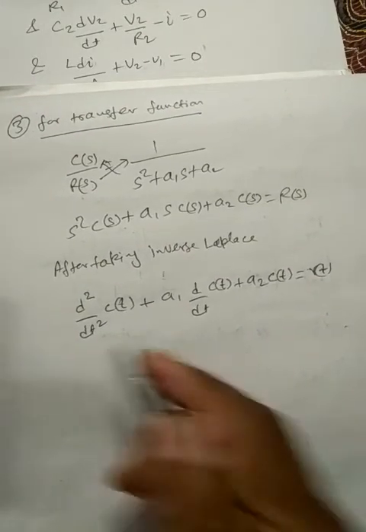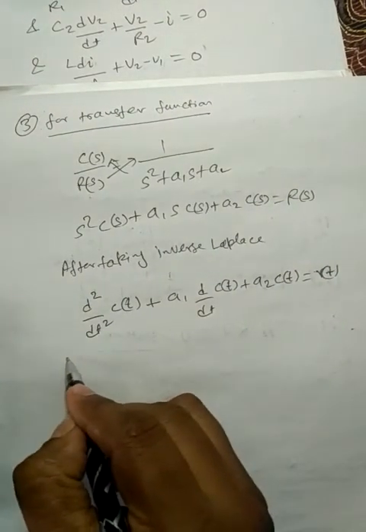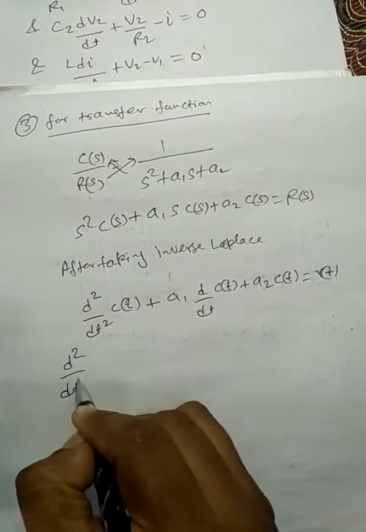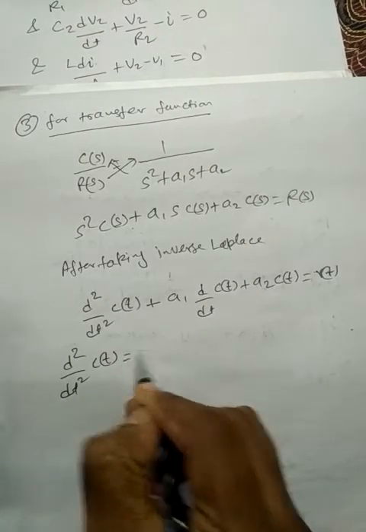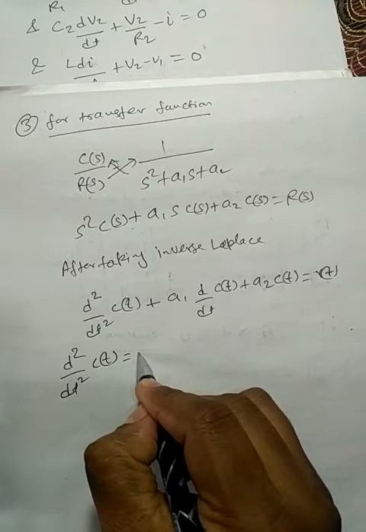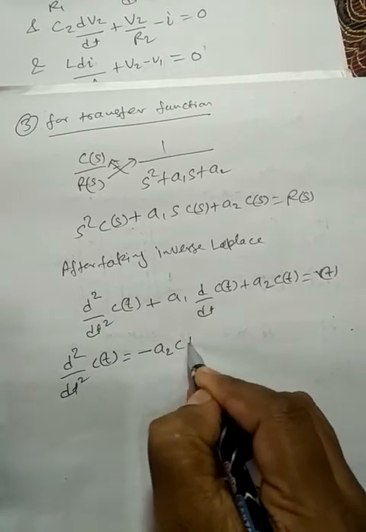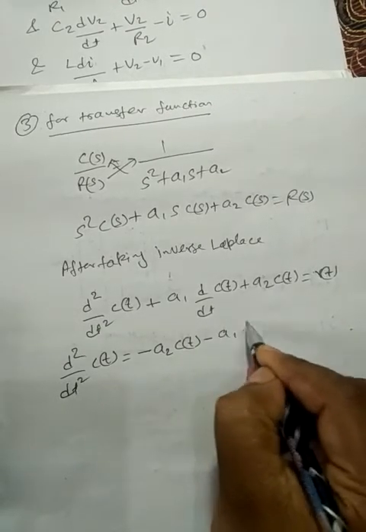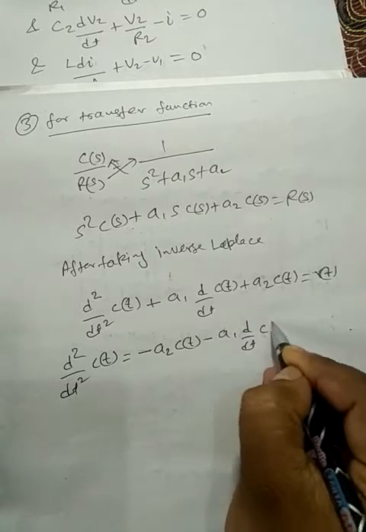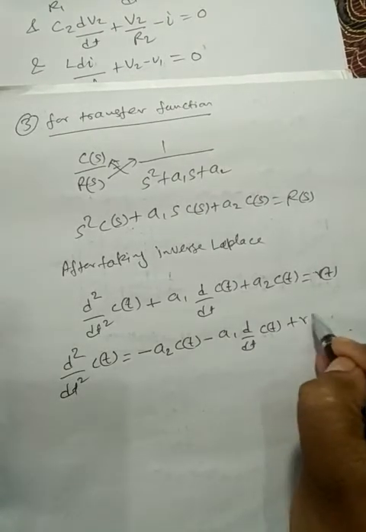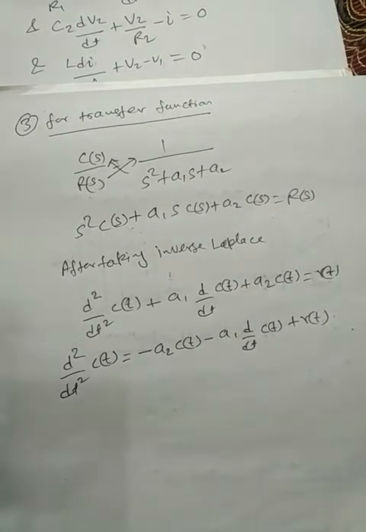And by rearranging this equation, d2 over dt2 ct is equal to minus a2 ct minus a1 d by dt ct plus rt.